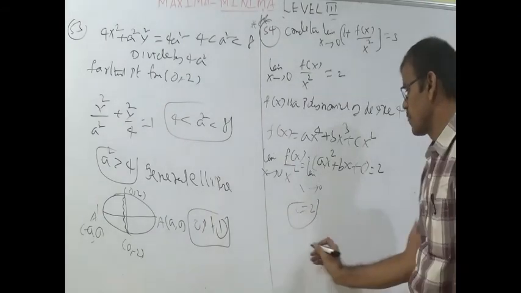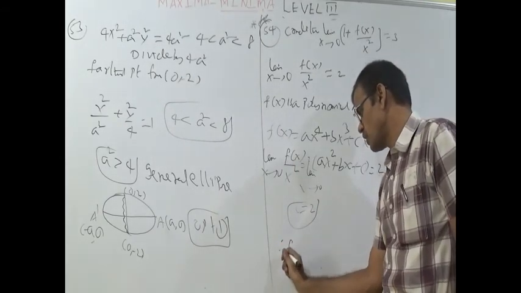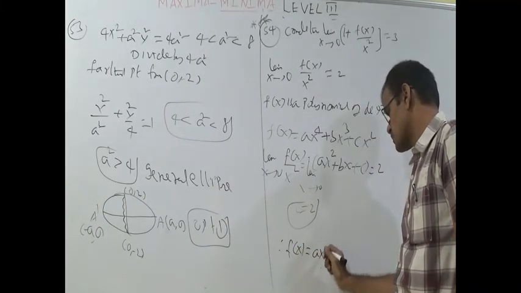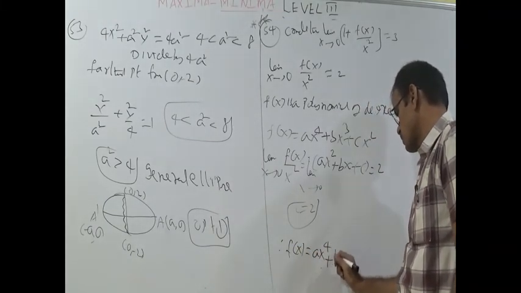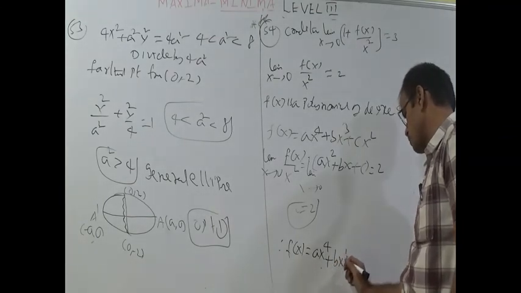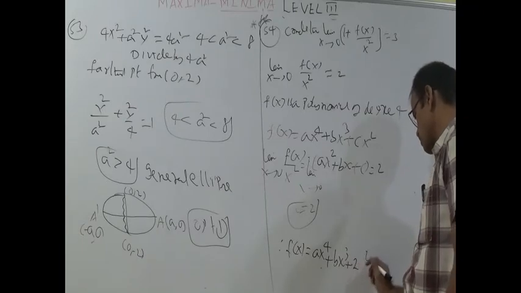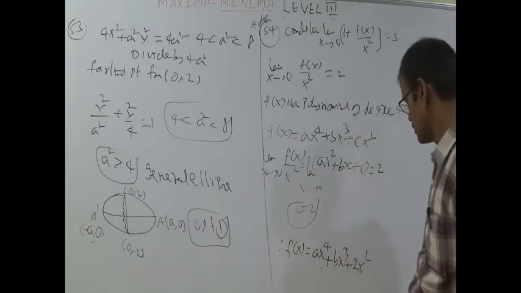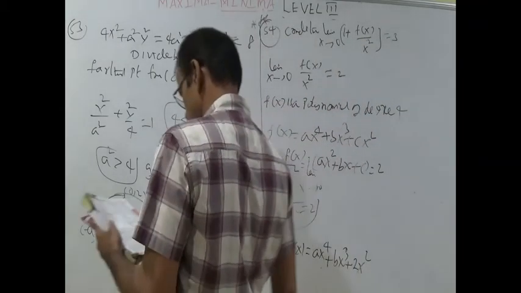Therefore, f of x is equal to ax power 4 plus bx cube plus 2x square, using that limit value.